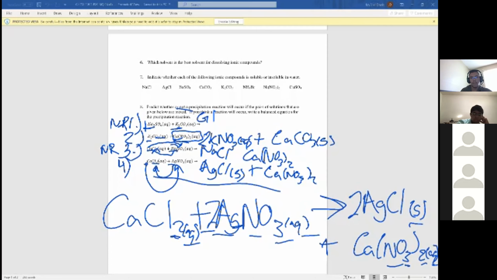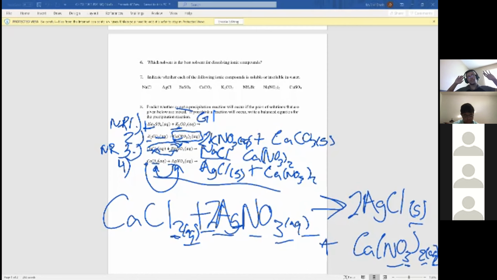So I just have a question. For the third question, the third part, why did it have a reaction? Since we figured out that sodium chloride would be aqueous and the calcium nitrate would also be aqueous, since everything's aqueous, it won't form a precipitate.